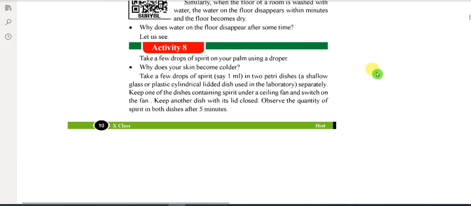Next, come to evaporation. What are the examples? Wet clothes dry. Yes, some questions are there. And water on the floor dries up after some time, like that.